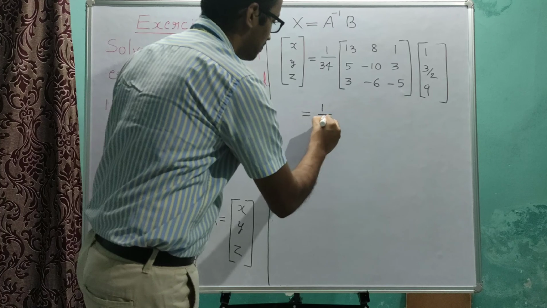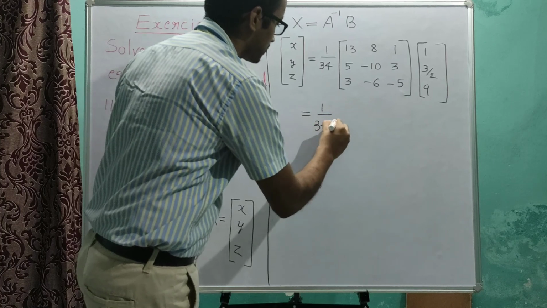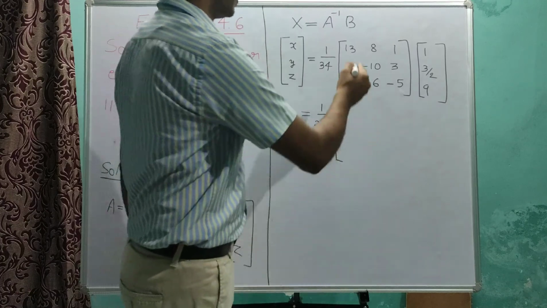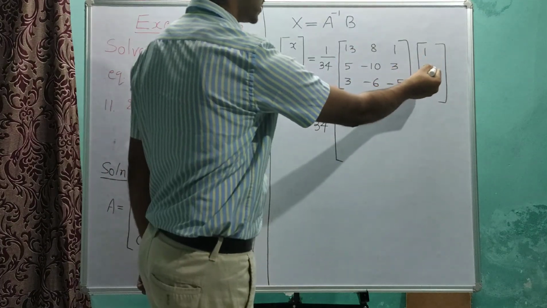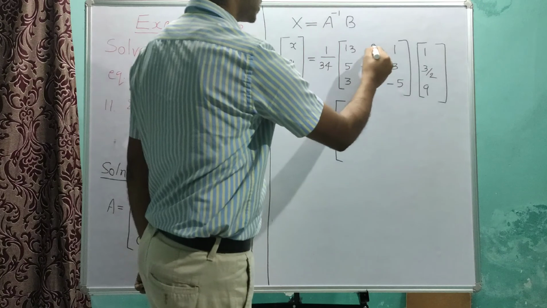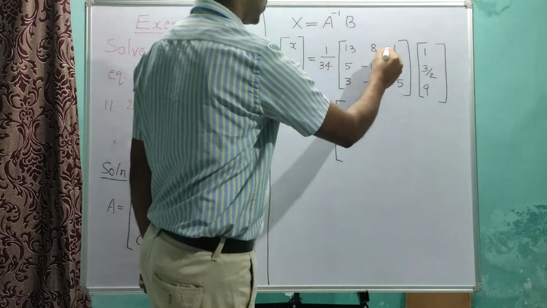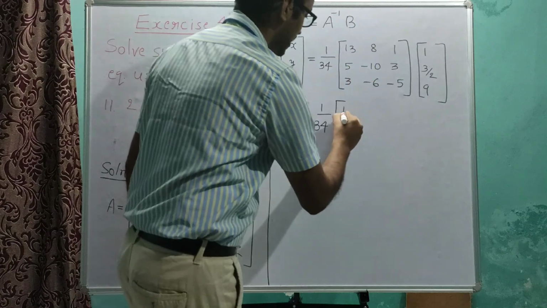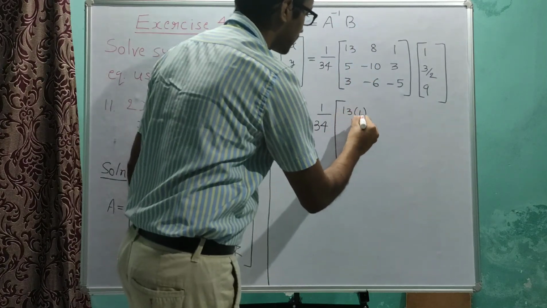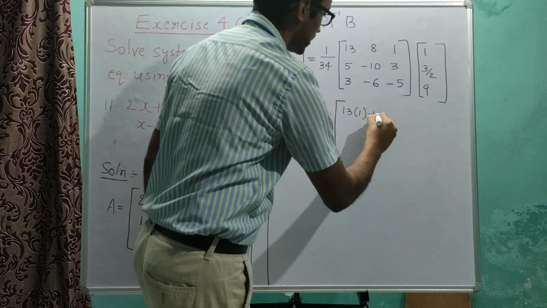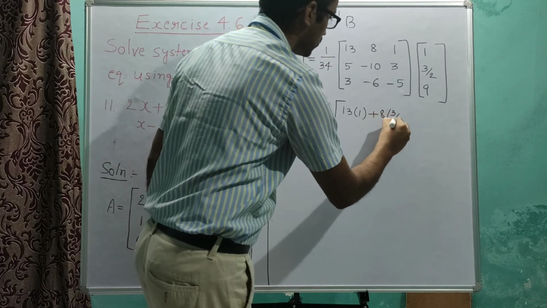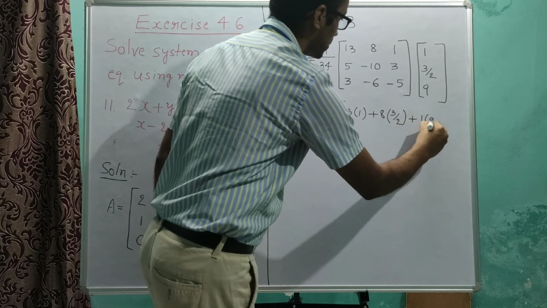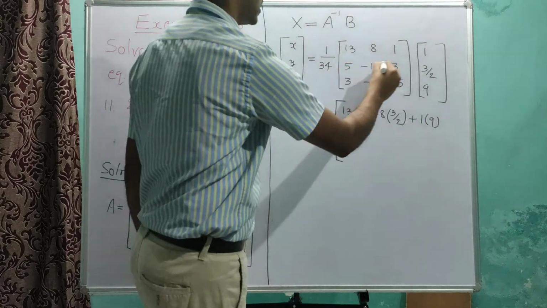So that is equal to 1 by 34 into, so if you multiply these two matrices, multiply the corresponding elements of the first row with the first column, that is 13 into 1 plus 8 into 3 by 2 plus 1 into 9.